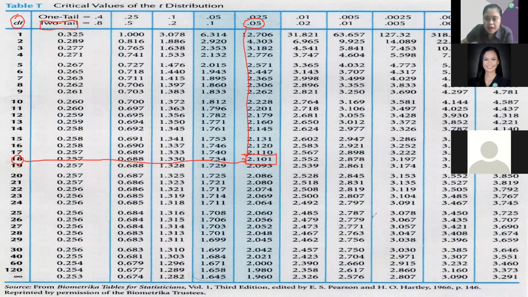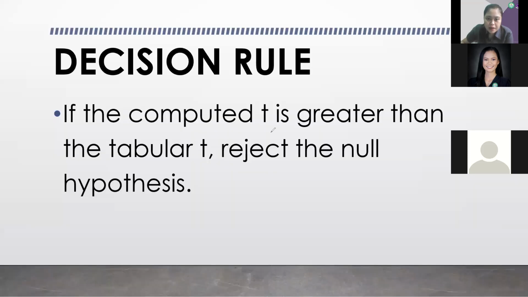Now, let's make a decision. 2.101. Let me go back here. Again, what does it say? If the computed T is greater than the tabular value, reject the null hypothesis. Now let's give the values here.